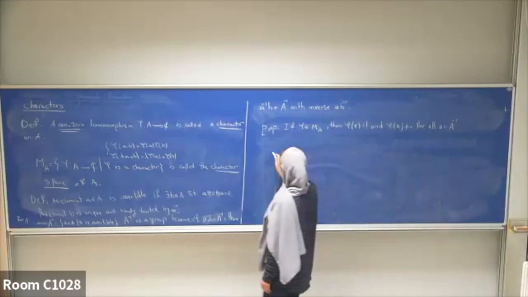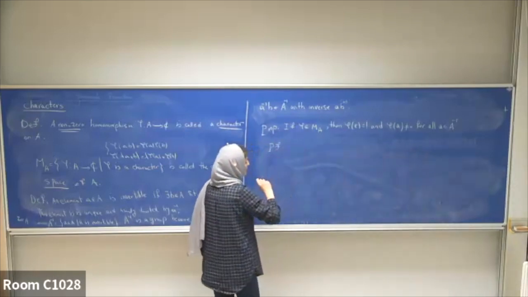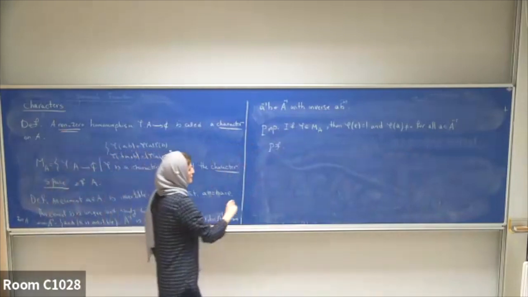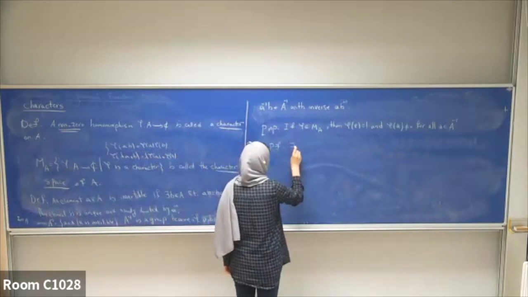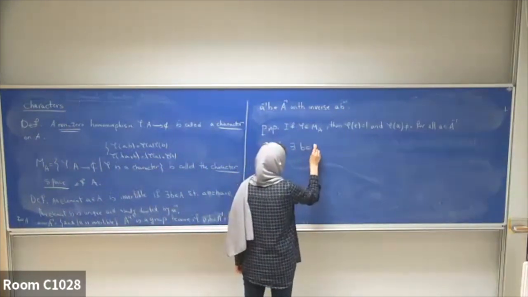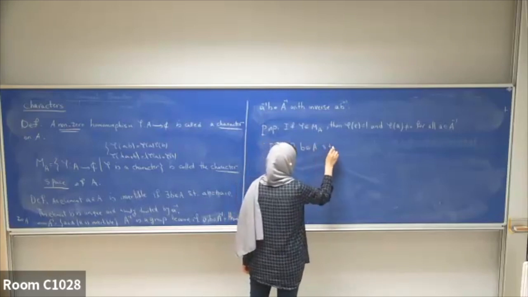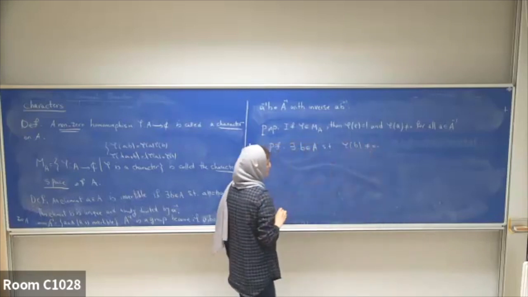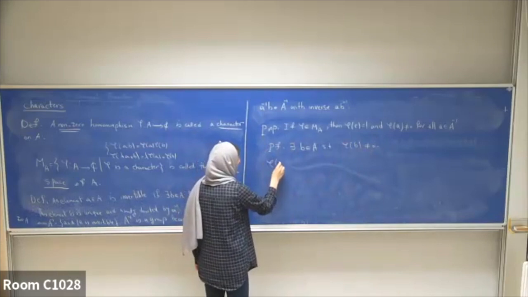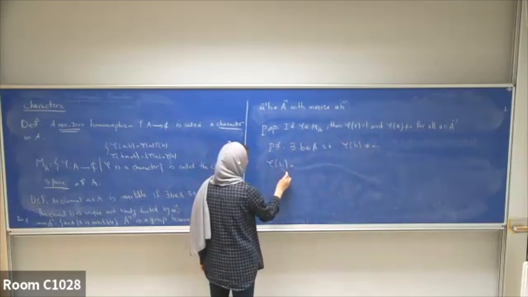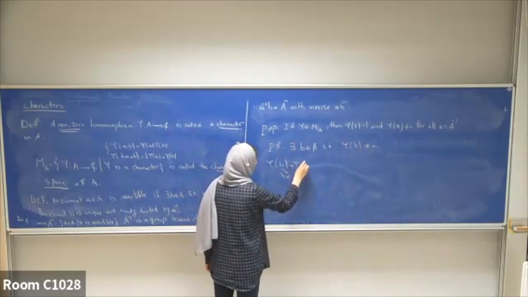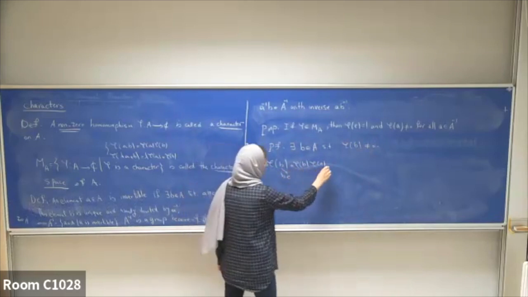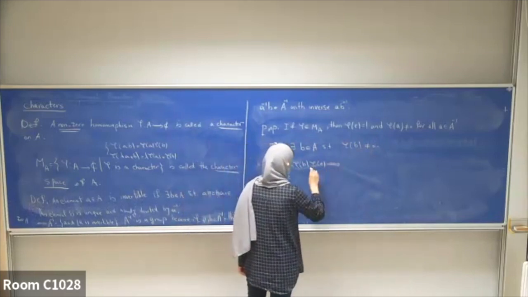Okay, why? It's really easy. Of course, phi is in M of A, so it's not 0. So there exists an element B in A such that phi of B is not 0. For phi of B, we can write B as B times E, so phi of B times phi of E, and we know that it's not 0. So phi of E is 1.